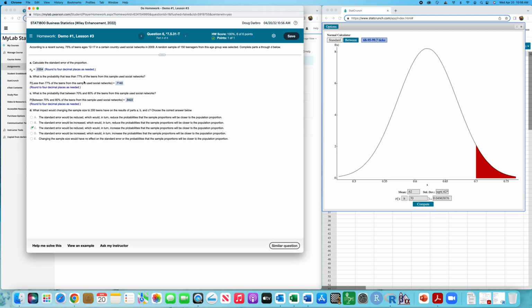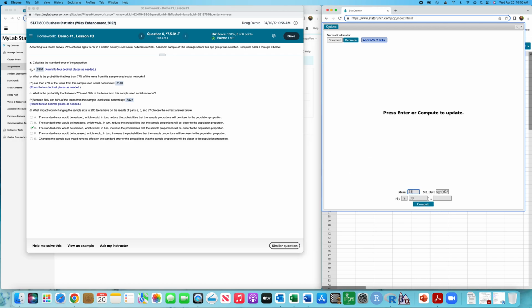So what's the probability that less than 77%? So I need to put in the correct mean. We have the standard deviation, so let's just use it, 0.0354. And we want less than 0.77.